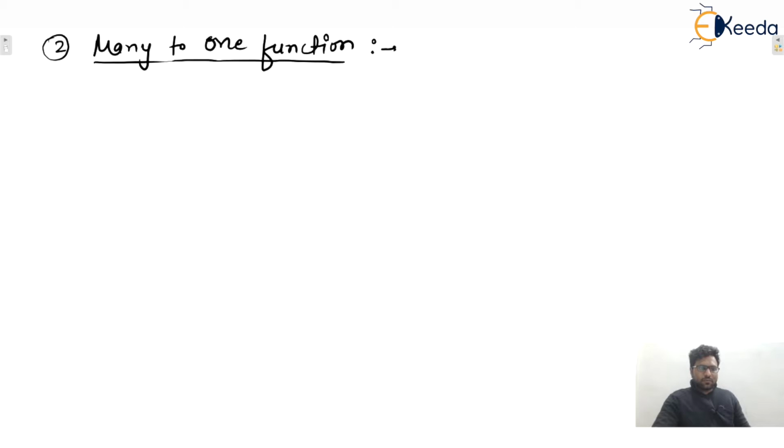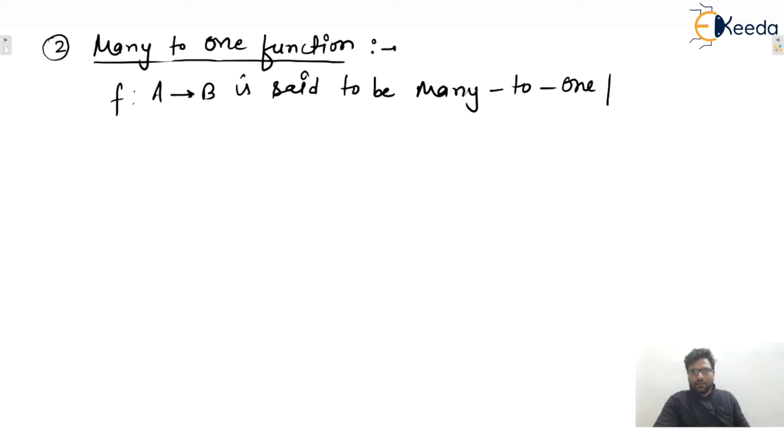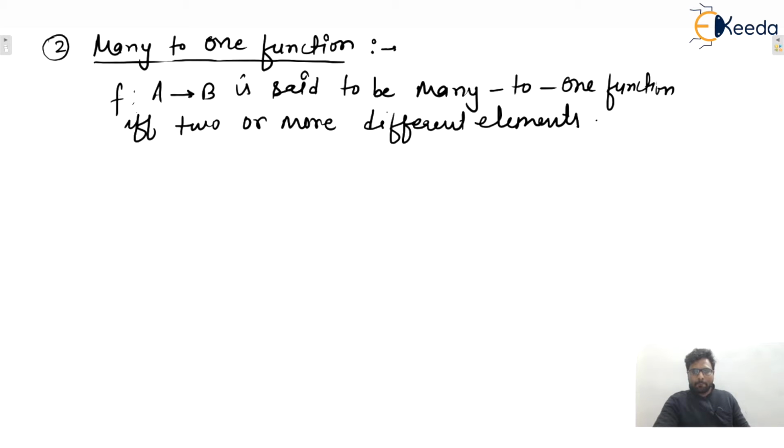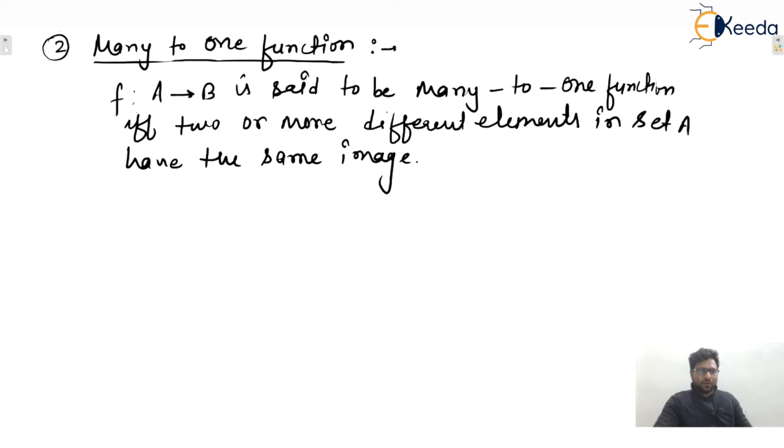So many to one function means a function from A to B is said to be many to one function if and only if two or more different elements in set A have the same image. Then that function is known as many to one function.